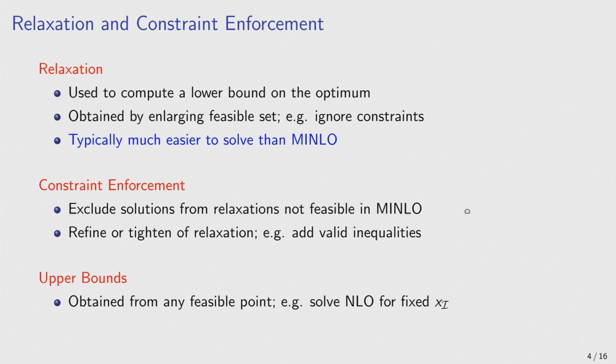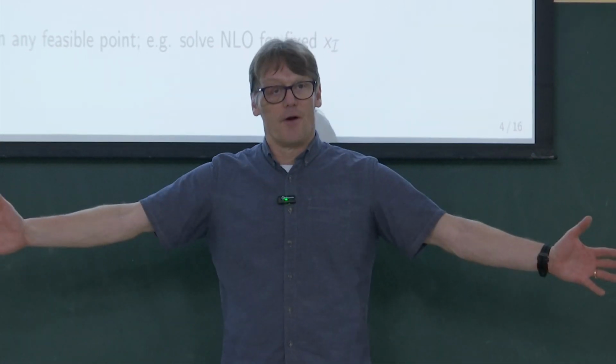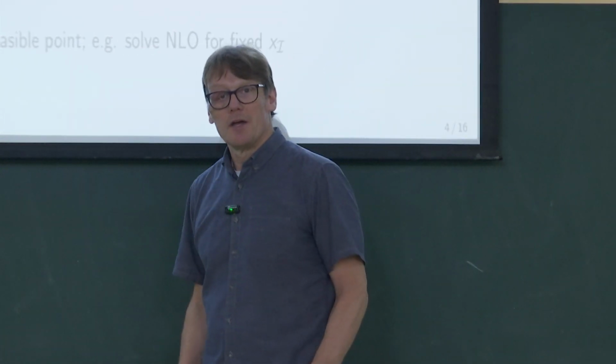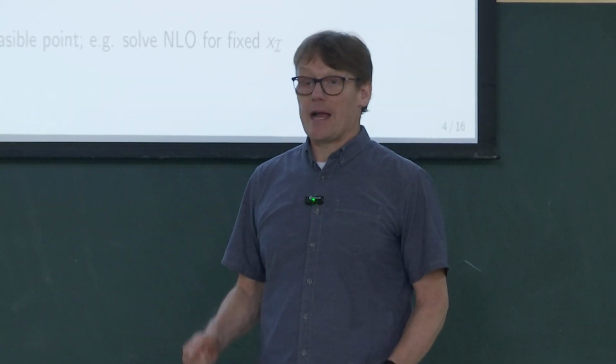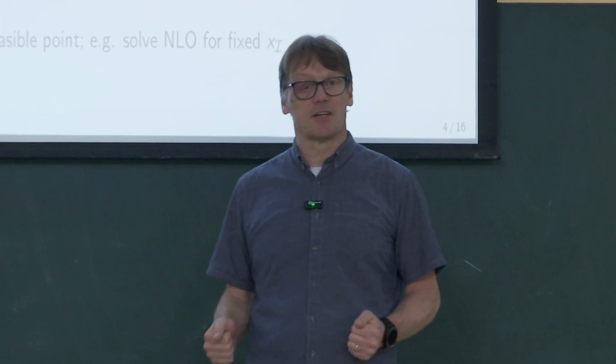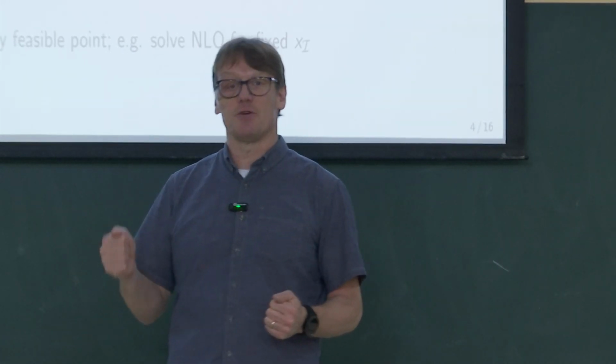A relaxation is used to compute a lower bound on the optimum objective function value. We obtain a relaxation by enlarging the feasible set. When we're minimizing, if you allow yourself to look further away, you get better solutions. If you go shopping for a cup of coffee and a donut in San Francisco, last week or 2 weeks ago it cost you $22 US.